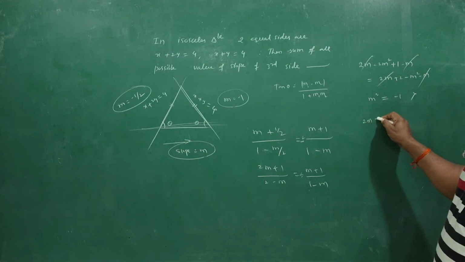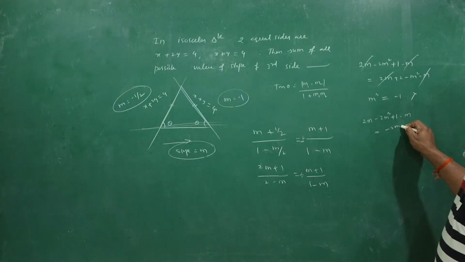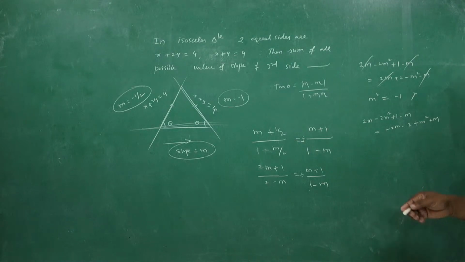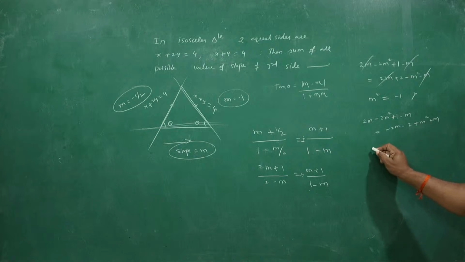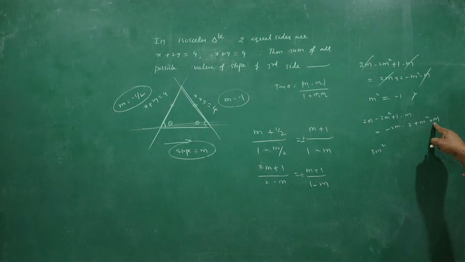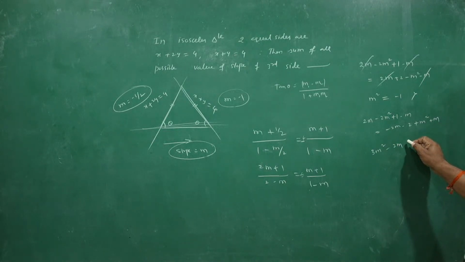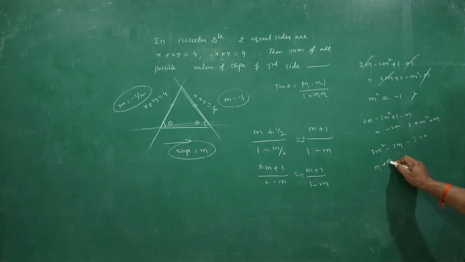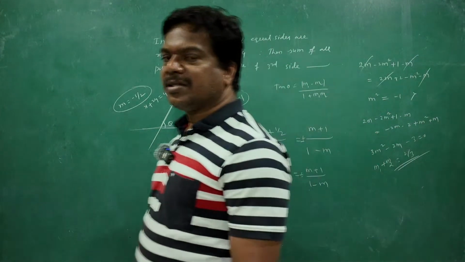So 2m minus 2m square plus 1 minus m equal to minus 2m minus 2 plus m square plus m. Then what happens? Observe, this is 3m square, next minus m minus 2m, and the constant minus 3 equal to 0. We need to find the sum of slopes. 2 by 3 is the answer.